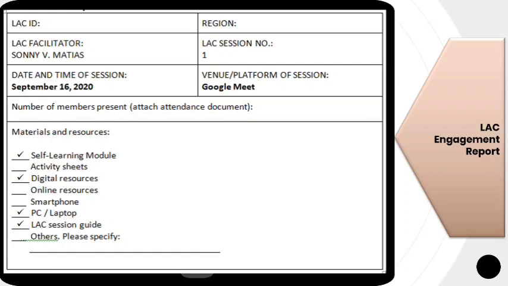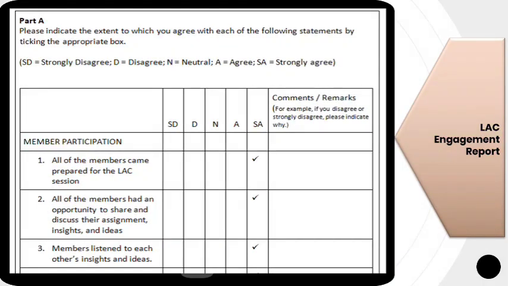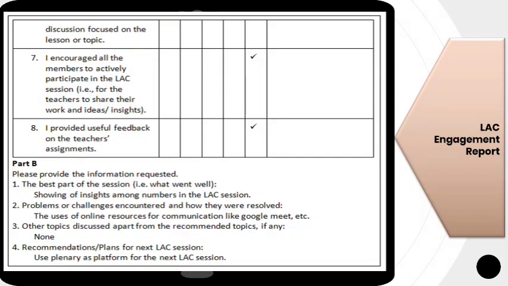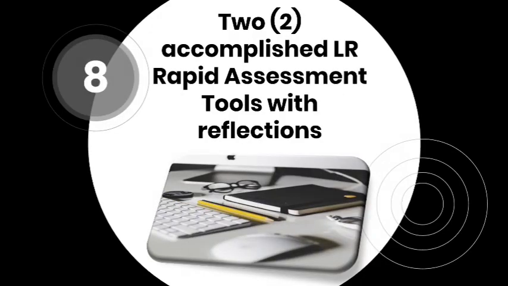Then materials and resources. This is the part A. And we have also here the part B. So that is the LAC engagement report. Another one is the accomplished LR rapid assessment tools with reflections.